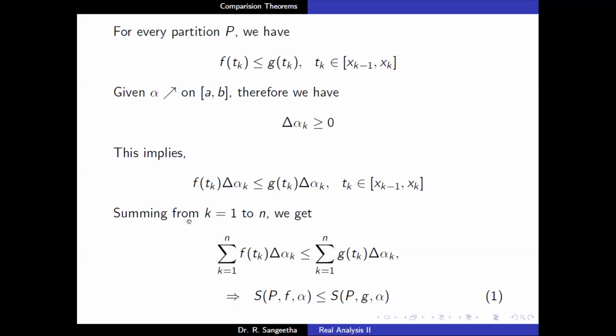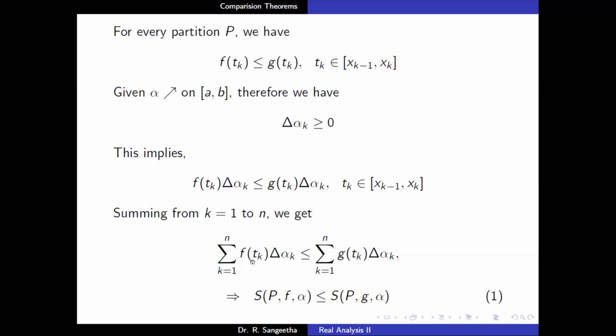So what will we get? Sigma k equal to 1 to n f of tk into delta alpha k is less than or equal to sigma k equal to 1 to n g of tk into delta alpha k. And what is this sum actually? This is the Riemann-Stieltjes sum. Yes, very good. So this is nothing but S of P, f comma alpha.